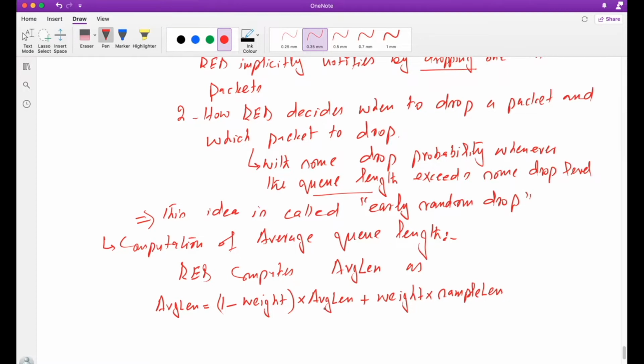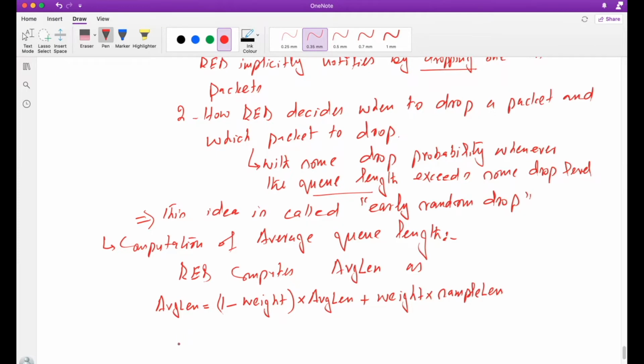Okay, so we use this formula to calculate the average length, and you can clearly compare this formula with the calculation of sample RTT, right? There we also calculated the running average value of sample RTT in a similar way.